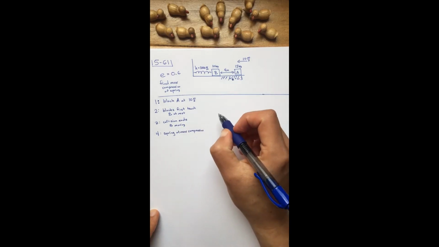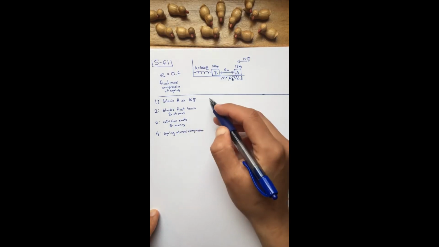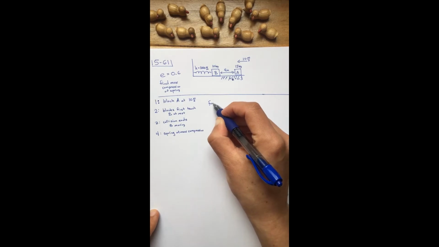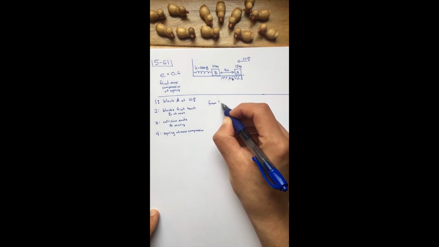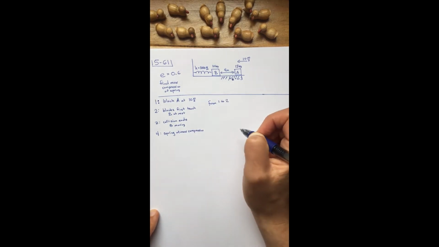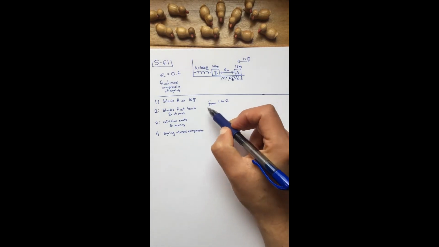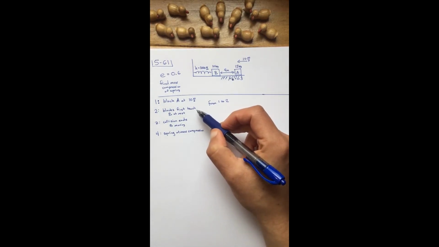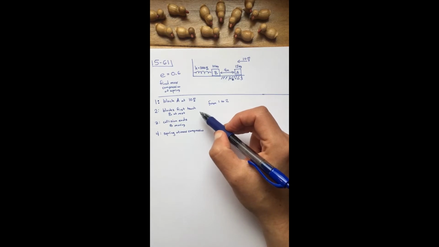So first, I'm going to look from event 1 to event 2. And at event 2, block B is still at rest because this is when the collision first begins.